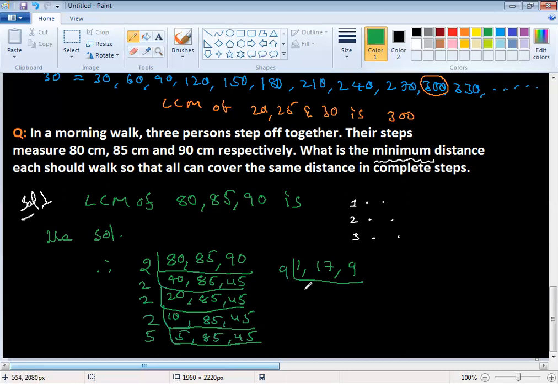I'm taking 9: 1, 17, 1, then 9 ones are 9, and 17 ones are 17. So what is the LCM?